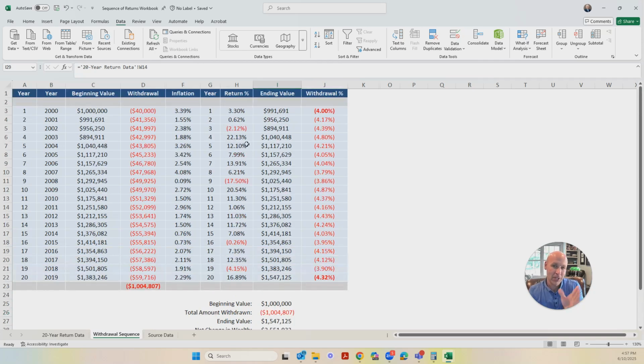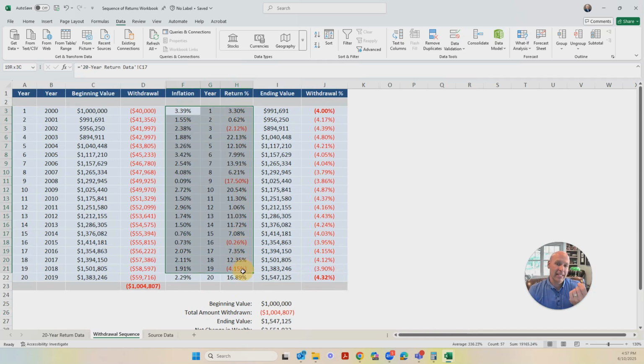But now let's do what we just did for the all S&P 500, and let's now do that for the 50-50 portfolio. In other words, we're going to reverse the order of how the returns played out. So instead of starting with 3.3, 0.62, negative 2.12, and ending with 12, negative 4, and 17, let's start with the 16.89, then have the negative 4, and then the 12, and end with the negative 2, 0, and 3.3.